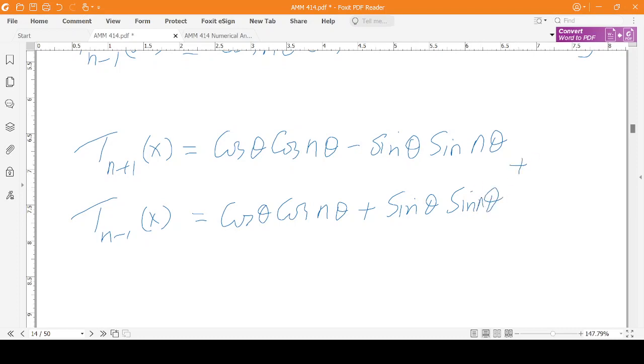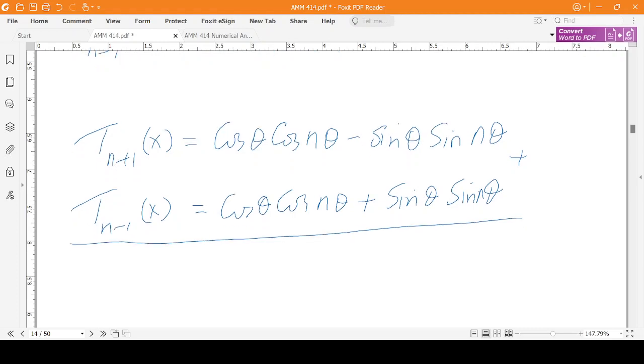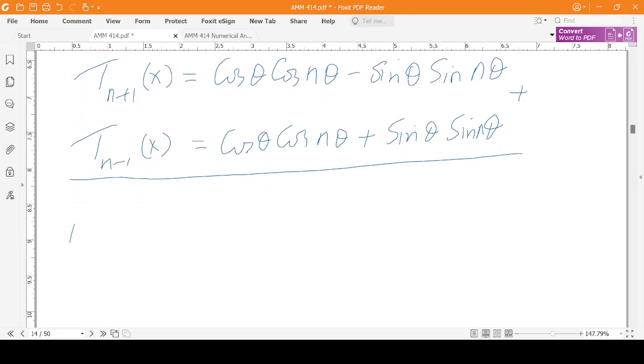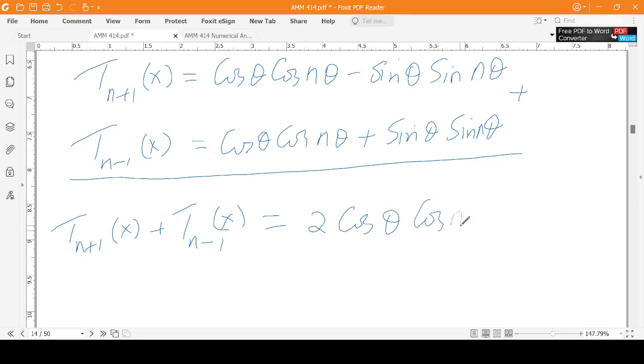If we add these two, then we shall be having Tn plus 1 of x plus Tn minus 1 of x is equal to 2 cosine of theta times cosine of n theta, because now the sine terms will add up to 0, because one is negative, the other one is positive.